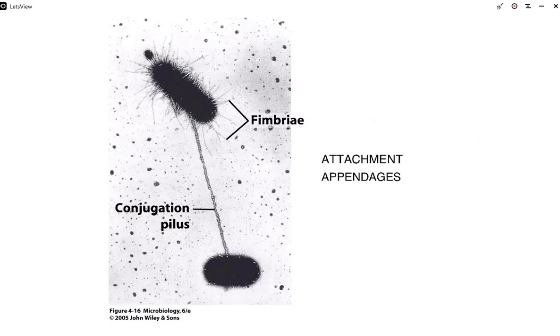A conjugation pilus is a sky bridge that is synthesized by one bacterium, and it basically extends out and joins to another bacterium. So here you have one bacterium that is called the donor, and they extend out this conjugation pilus to the recipient. In my opinion, that's like a tunnel between the two cells, and the tunnel allows for exchange. Exchange of what? DNA.